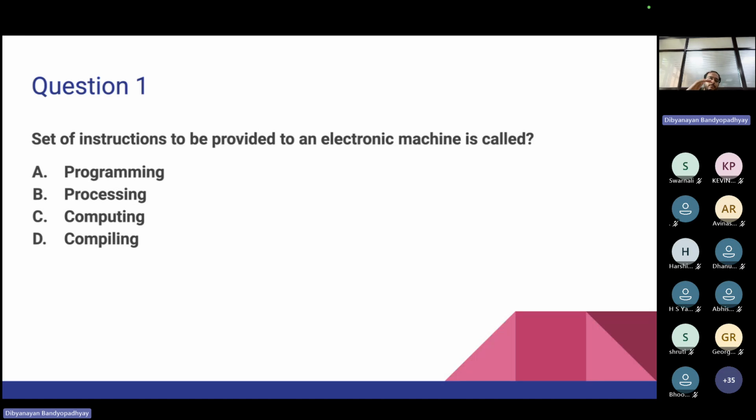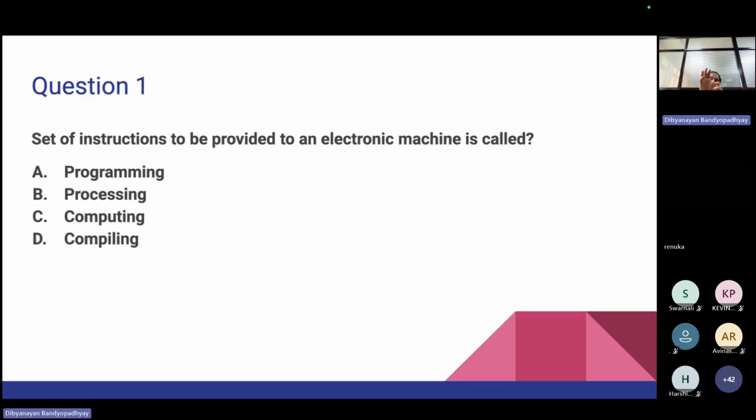So there is a specific set of instruction. You have to basically instruct the electronic machine in a step-by-step manner. So first will be to assign one number to one particular variable. Let's say you want to sum 5 plus 10. So how can you do that?